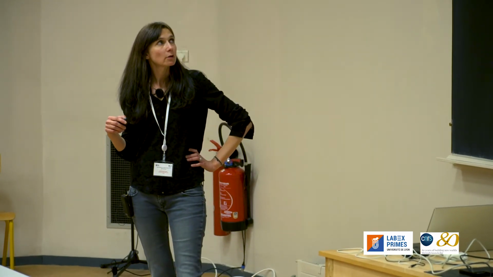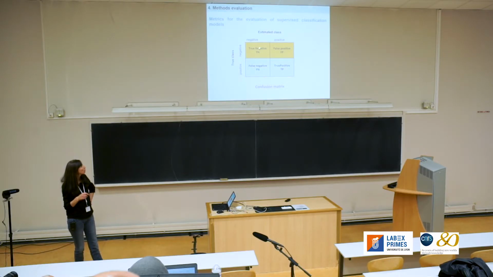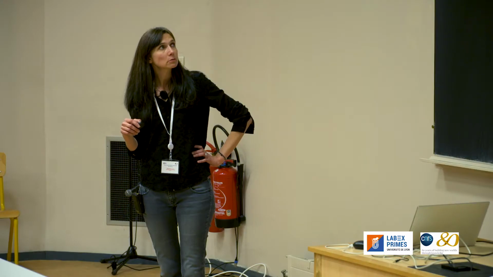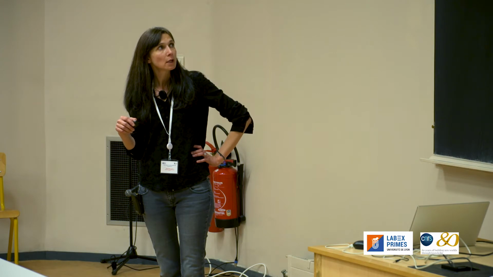So in these bins of the matrix, you will count the number of samples that were correctly classified as belonging to the negative class. It's called the true negative. The corresponding correct answer for the positive case is reported in this area. It's called the true positive area.